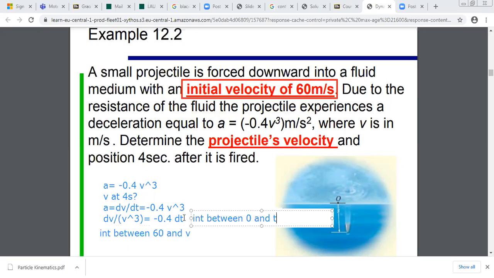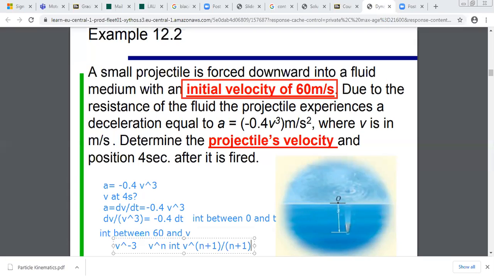Now, what is the integral of 1 over v cubed? 1 over v cubed is v to the power minus 3. You know that you have a general rule in math. If you have v to the power n and I want to integrate, what is the formula? It's v to the power n plus 1 over n plus 1.